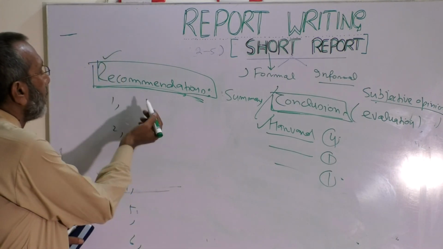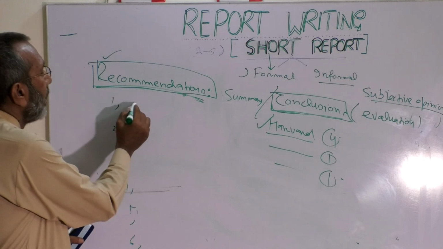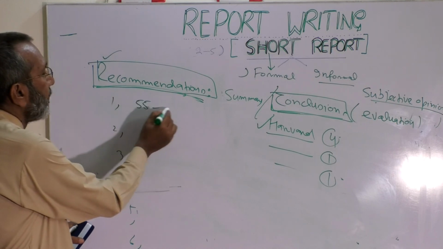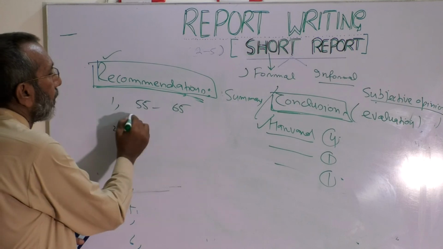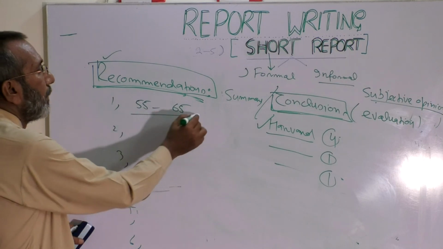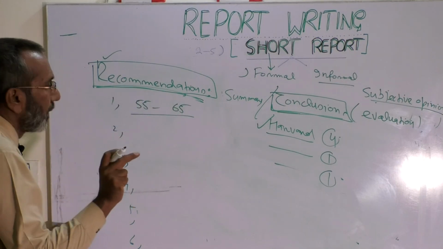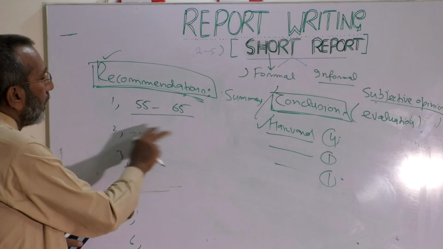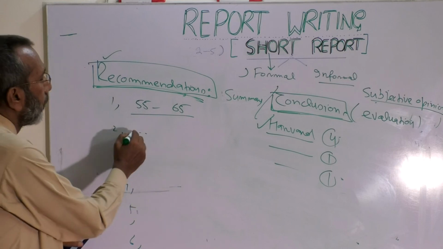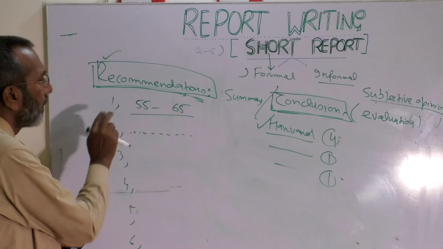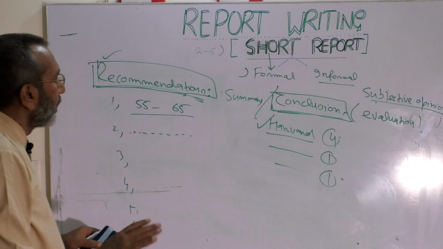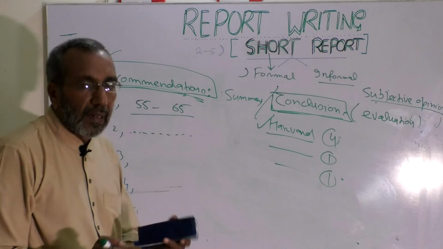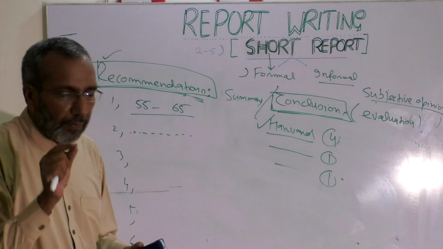Suppose you say the number of staff needs to be increased from 55 to 65, in the very next month, things should be solid. Suppose you say such and such section of cafeteria needs to be improved like this. It should not look like the statement of a kid. It should look like very formal things.